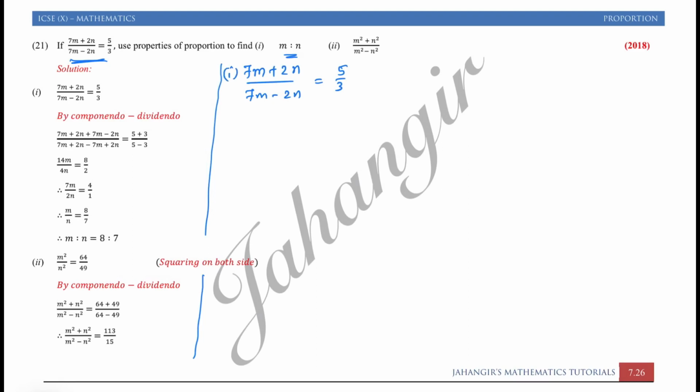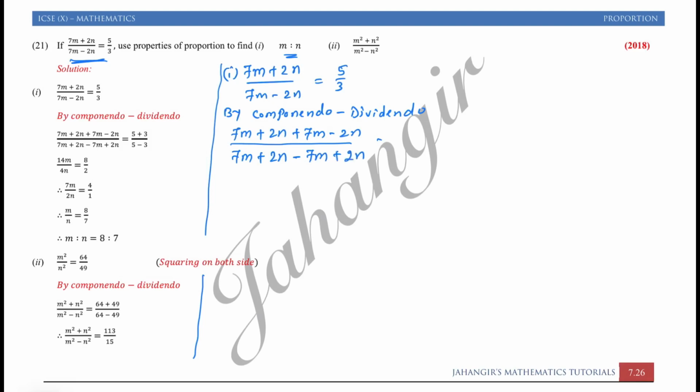So first part we will take by componendo dividendo. 7m plus 2n plus 7m minus 2n, whole upon 7m plus 2n minus 7m plus 2n, equals 5 plus 3 upon 5 minus 3.